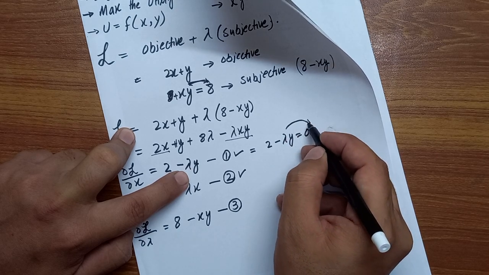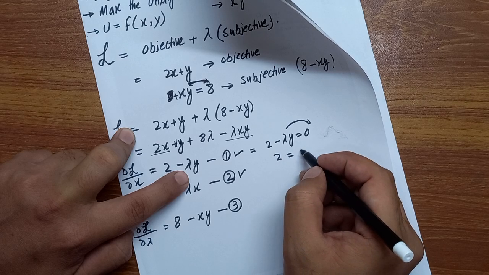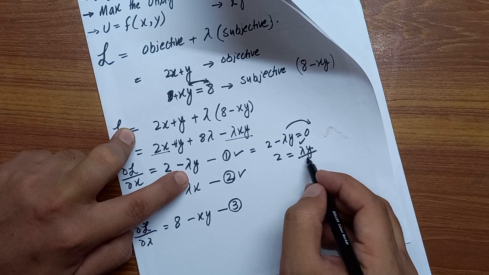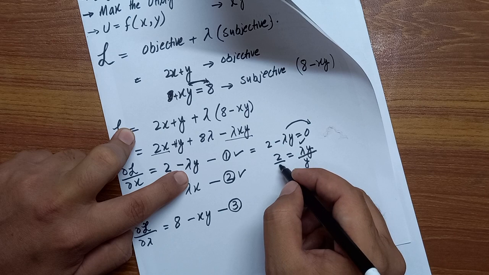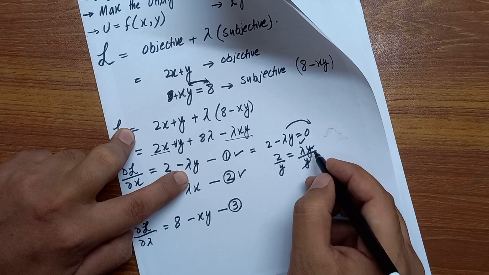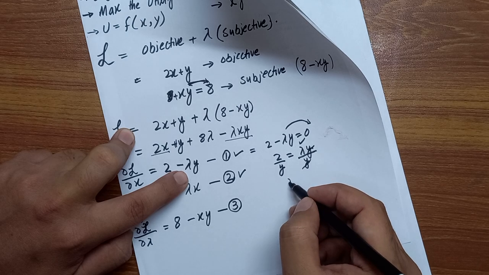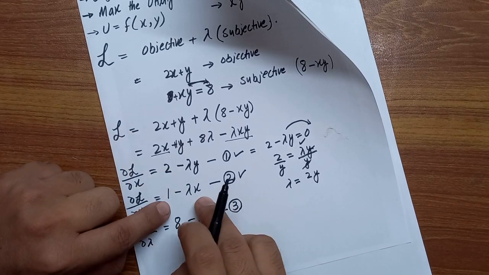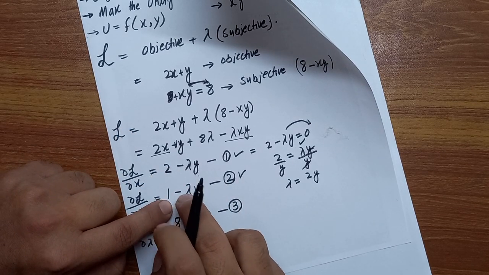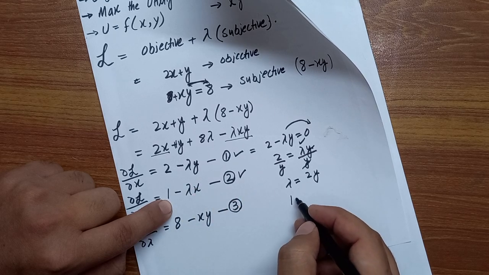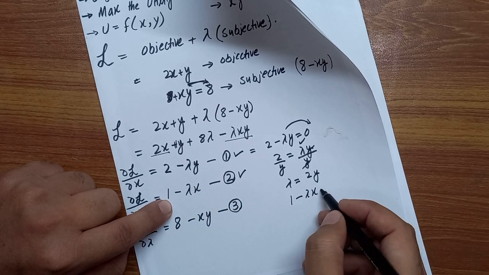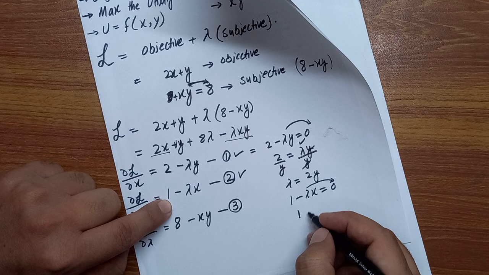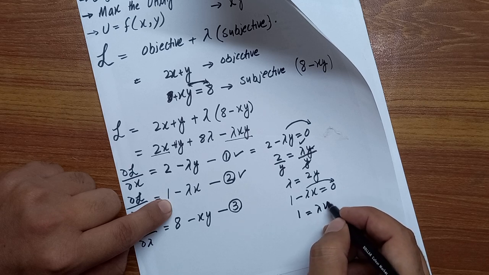We transfer this to the other side, so 2 is equal to lambda y. We need lambda separated, so dividing both sides by y, lambda is equal to 2 over y. Now from the other equation we also find lambda: 1 minus lambda x is equal to 0, we shift it to the other side, so 1 is equal to lambda x.